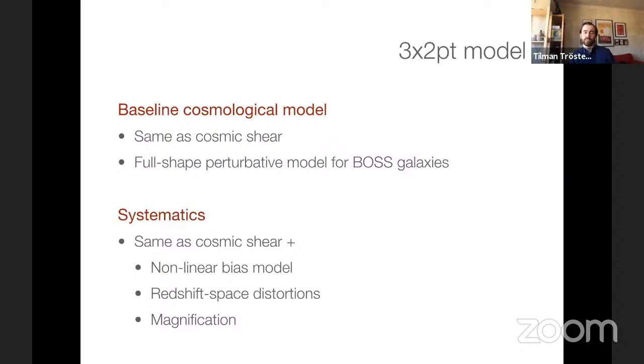So for the systematics, again, because it's a joint analysis, we have the same systematics that we use for cosmic shear. But on top of that, we have the nonlinear bias model for the spectroscopic galaxies. We deal with redshift space distortions and also with magnification. So the magnification is a fixed parameter that we calibrate on simulations.